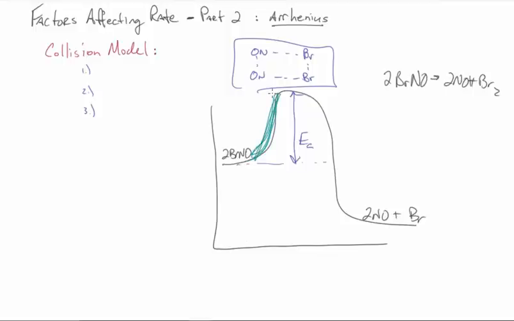Once I get to the top of that, I've got, and again, we've seen this before and I just wanted to introduce it to you, the activated state, or the transition state, or the activated complex. This is what we're going to be looking at today: how we define how my molecules get up this hump and get over that energy of activation barrier.